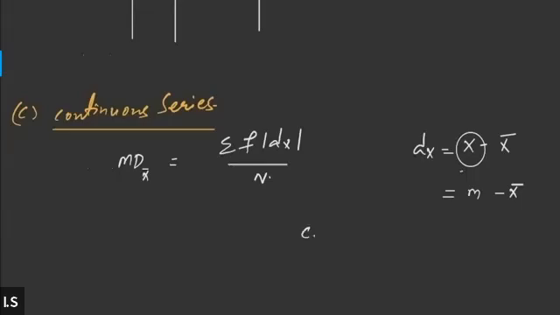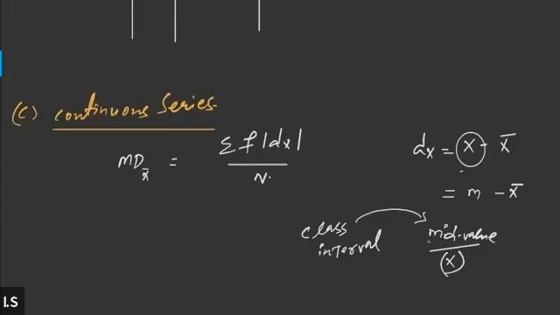As the question was given in the class interval format, with no items given, to overcome this limitation we calculated the mid value, and now we will use this mid value as we were using the items. So the mid value will take the place of the items. Got it? We will be calculating dx by subtracting the mean from the mid value this time instead of the items. Is this clear to you, Alexander? Yes, sir.